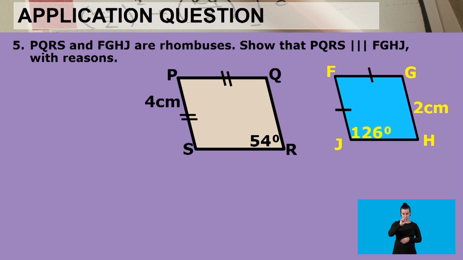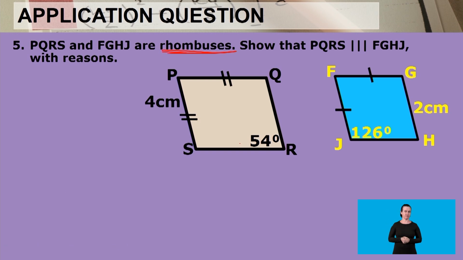PQRS and FGHJ are rhombuses. Show that PQRS is similar to FGHJ with reasons. The word rhombus means all the sides are equal, which means both shapes would have the same thing. And look at what they have given us.